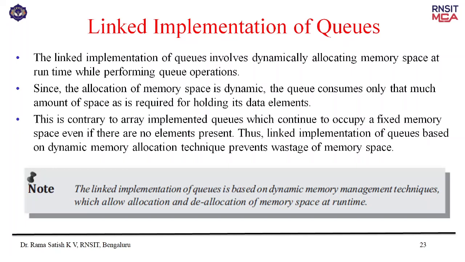If you look at arrays, an array has a fixed size. Whether you use it or not, the array will have a fixed size. This is contrary to array implementation, which continues to occupy a fixed space even if there is no element present. Of course, linked implementation of queue is based on dynamic memory allocation technique.